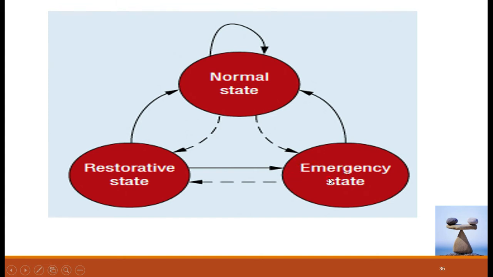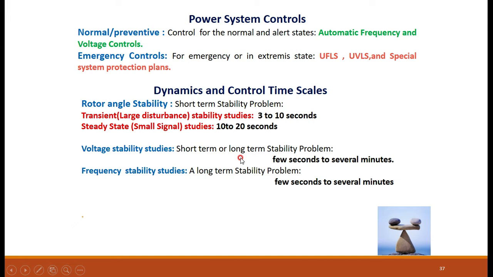Then, if you take small, appropriate controlling actions, the emergency state slowly converts into the restorative state, and after some time it is brought back to the normal state. This is how there is a cycle. In the case of the normal state, very small changes occur, it goes to a restorative state, and by appropriate controlling, it is once again brought back to the normal state.